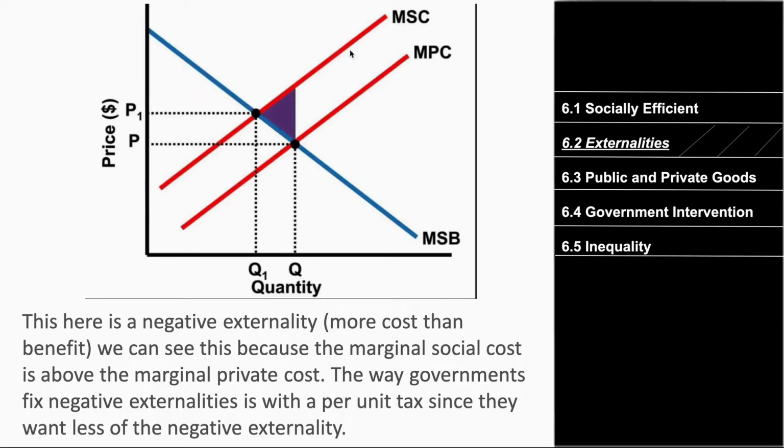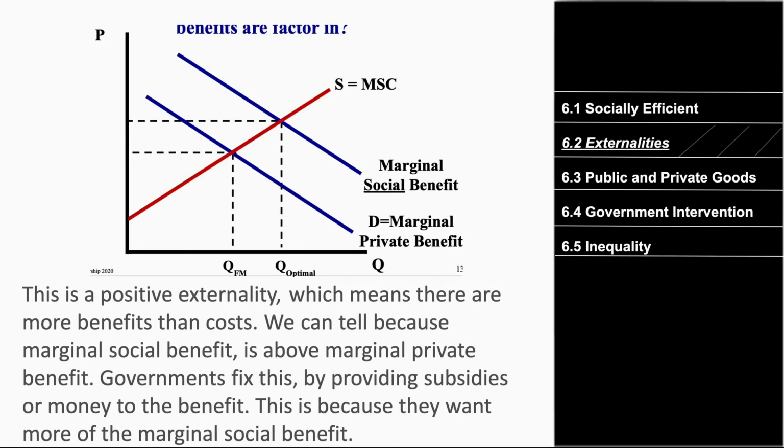If marginal social cost is above marginal private cost, we have a negative externality. This is because there's more cost to society, marginal social cost, than there is to the actual firm or private firm with the marginal private cost. So make sure you remember, for negative externality, a marginal social cost curve will be higher than a marginal private cost. And this purple area here is the actual deadweight loss, basically, the difference between the two.